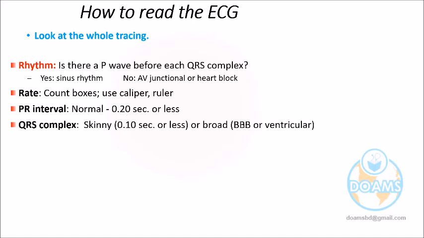But when we say broad QRS, if it is more than how many squares? Who can say? Please respond. Dr. Kabir, please. More than 2.5 squares. No, there is a gray zone. Some books may write it that way.